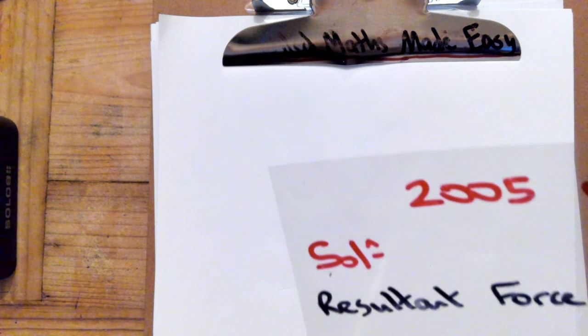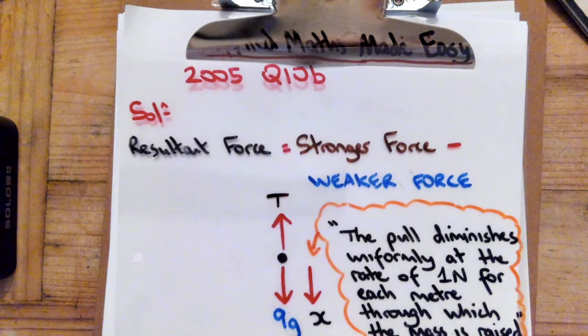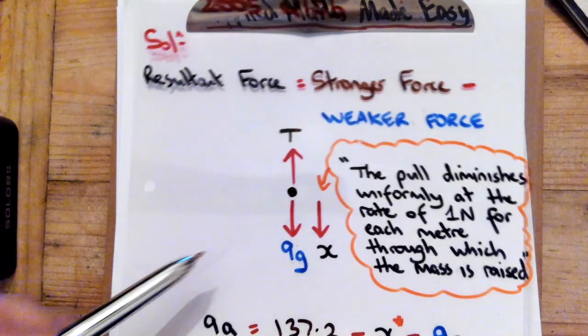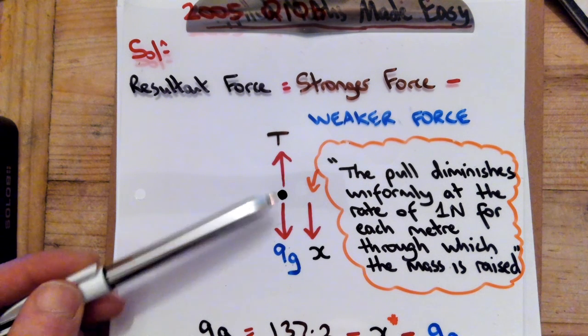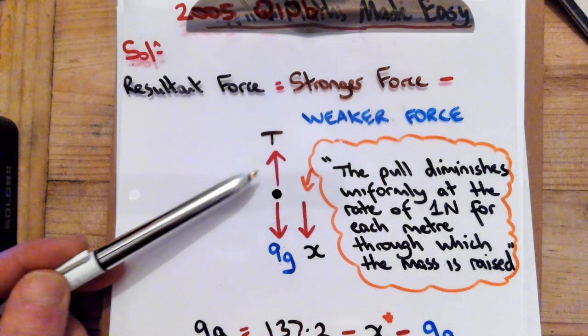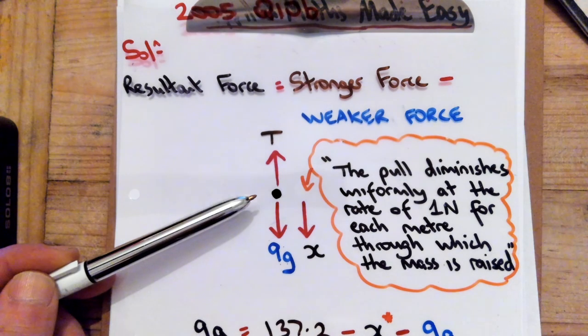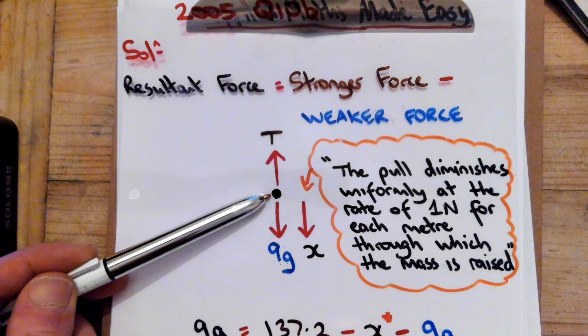Again, hopefully you're getting used to that thing I'm doing: stronger force minus weaker force. Are you making sense of it? The visual representation here, extracting out the maths and meaning and seeing the visual of that story, will help no end. So there's my 9 kg.